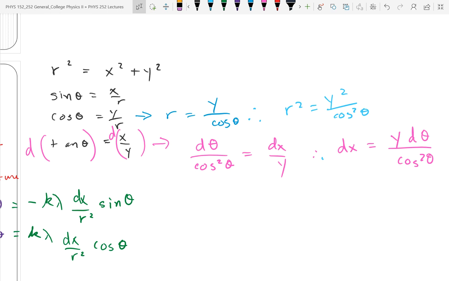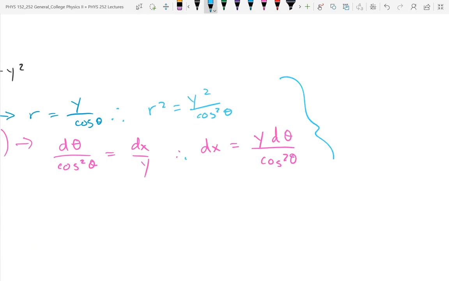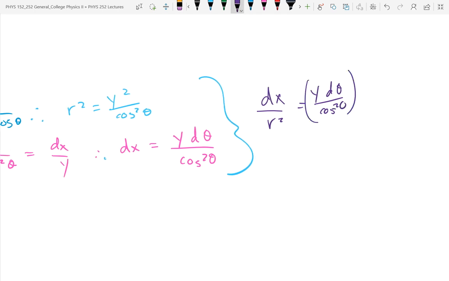I had dx over r squared, so combining those, and look what happens with those cosine squared thetas.